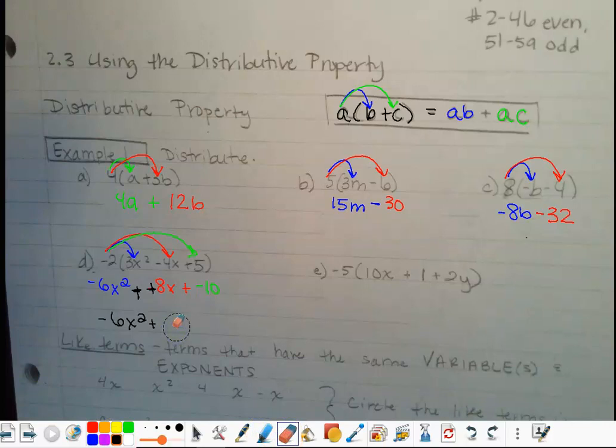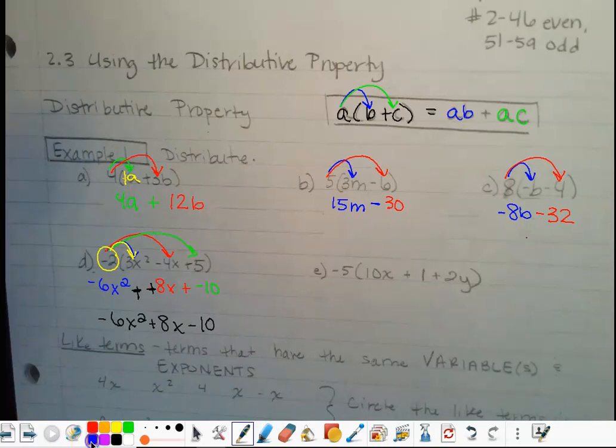So plus 8x minus 10 would be even more simplified. Okay, because we're always multiplying the number on the outside times the coefficient. So in this case, when we just had A, it was 1. So 4 times 1A was 4A.